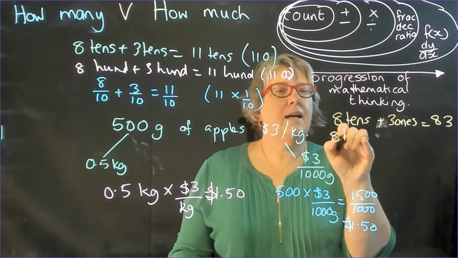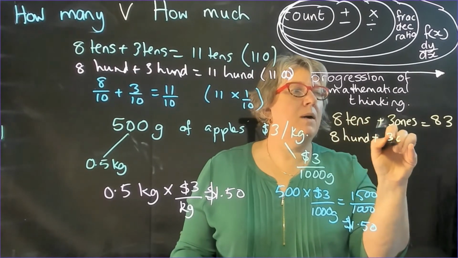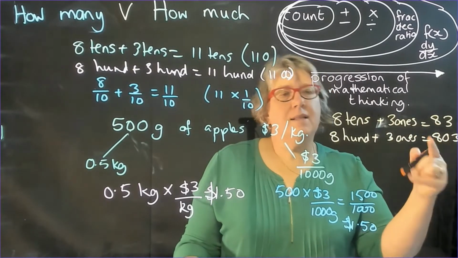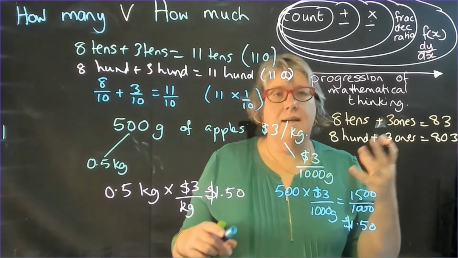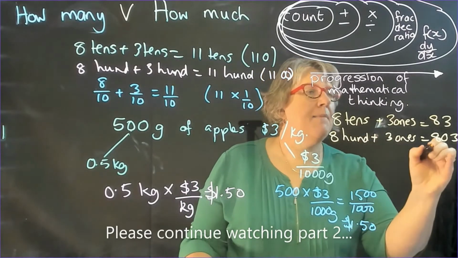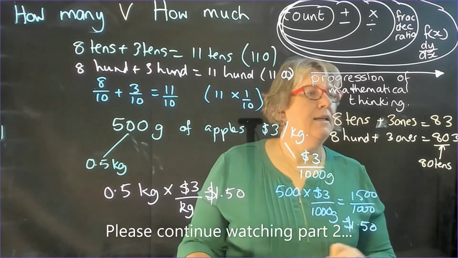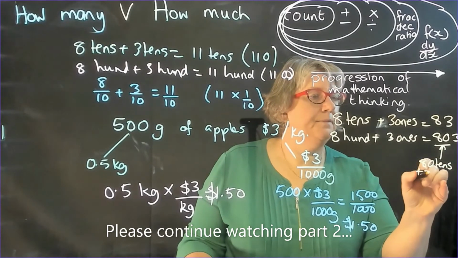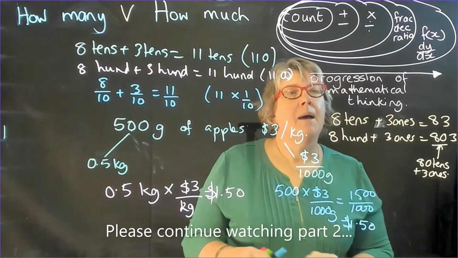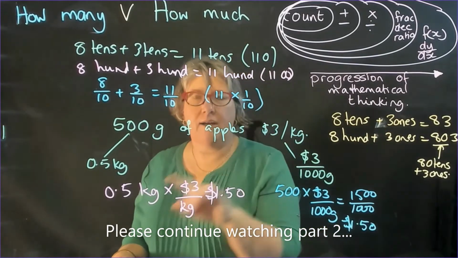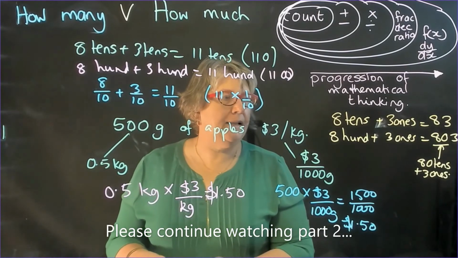If I've got 8 hundreds and 3 ones, I've still got 8 hundreds and 3 ones. I can't change that because the units aren't the same. I may like students to think of that as 80 tens and 3 ones. But it's only when these units are the same size that I can start manipulating them mathematically.